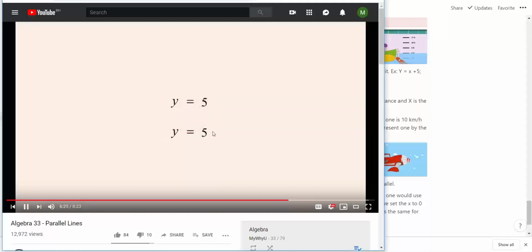Plus 6, 5. y is 5. Therefore, both equations have the same y-intercept.